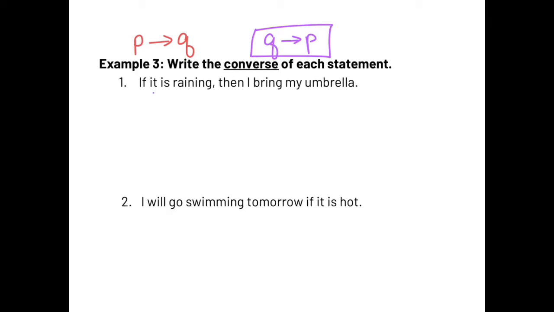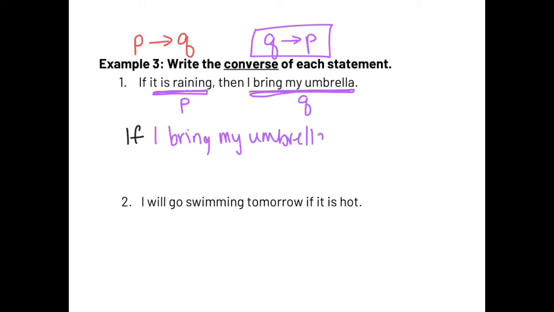But first, I want to make sure we can actually identify P and Q. So if it is raining, after if comes P. If it is raining, then I bring my umbrella. After then is the Q, because this is our original premise, if P, then Q. So when we switch it around to write our converse, it's if I bring my umbrella, here's the Q, then it is raining.